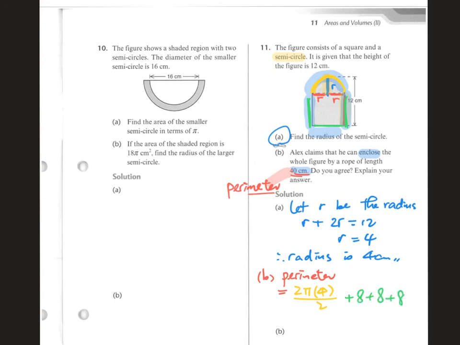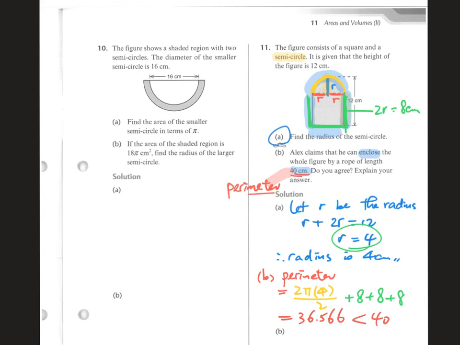You may not know why it's 8, because after we've got R is 4, that means the length of the square will be 2R, which is 8 cm. So that's why there are 1, 2, 3 pieces of length to be considered. And now you can use the calculator and check for the value of it, which is equal to 36.566. I'll just write 36.6 and you can say that it's less than 40 cm.